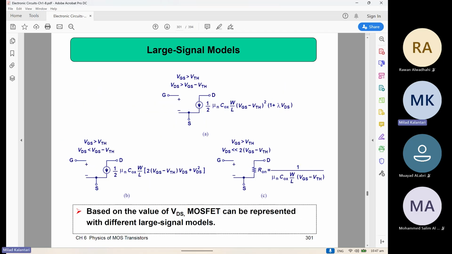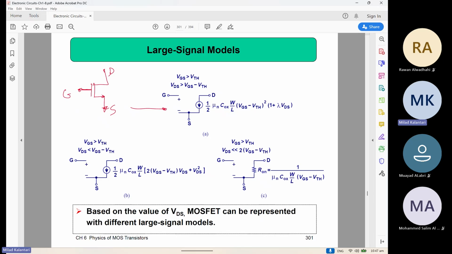Again, similar to what we had seen for the BJT, we can model this device in large signal, small signal, and other ways, right? I'm just trying to show the symbol. We have the gate, the drain, and the source, and we are trying to model it with some model of the device.